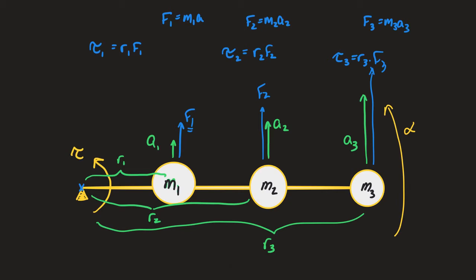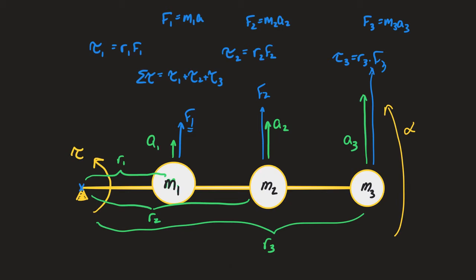So the net torque in the system has got to be the sum of the individual torques. Now, whether I had 1 point mass or 100 point masses, you understand it will be the sum of all of those torques acting on every one of those masses. Are we good so far?